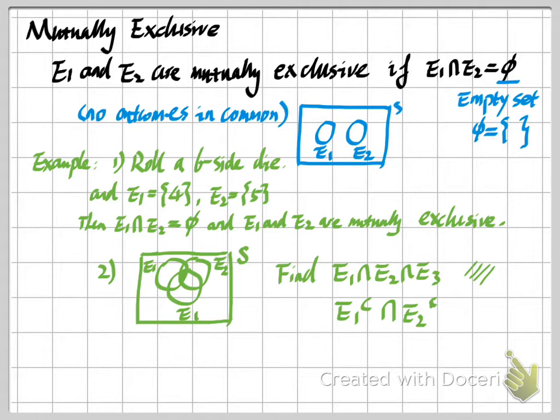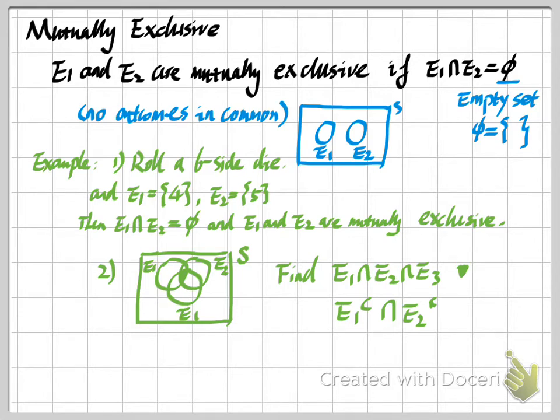I will make this not shadowed, but use a solid green color. So this is our intersection of E1, E2, and E3. Okay, and then the next one, I leave as an exercise for you.